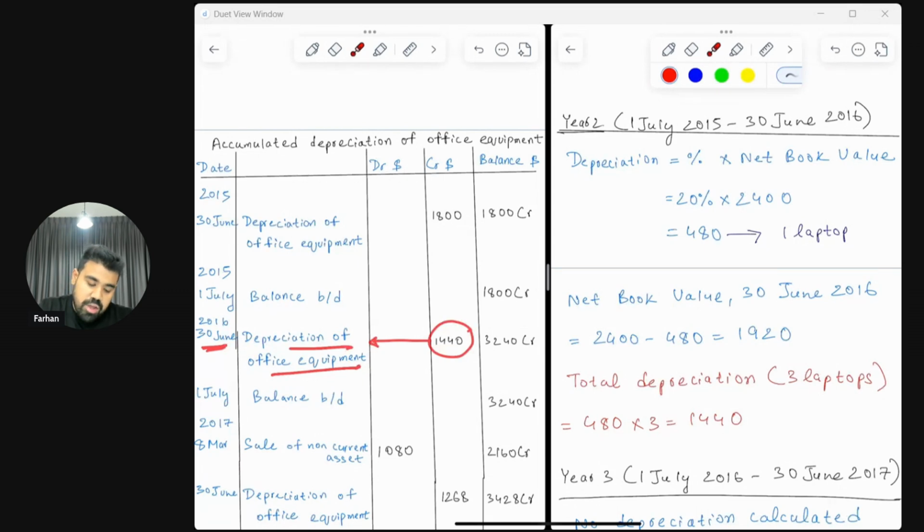So altogether, if you add $1,440 on the credit side with the $1,800 credit opening balance, we should have $3,240 as the final balance on the credit side, okay?